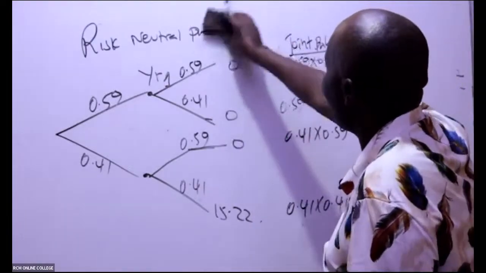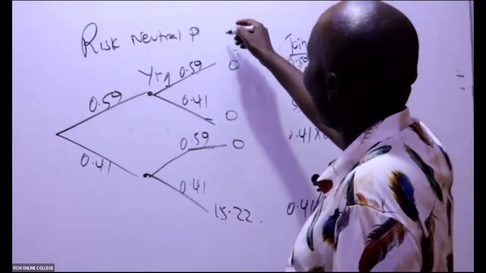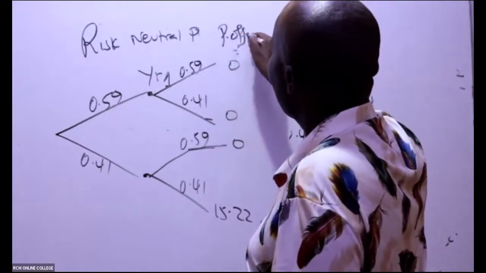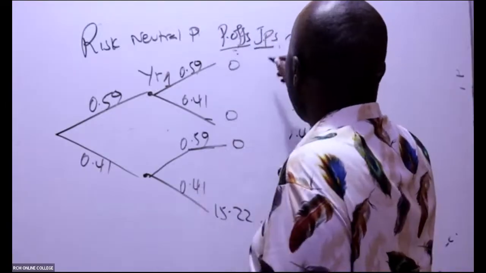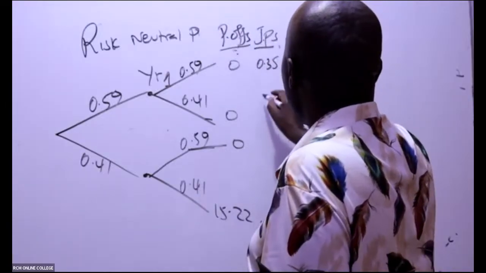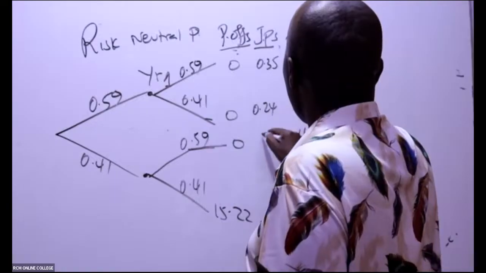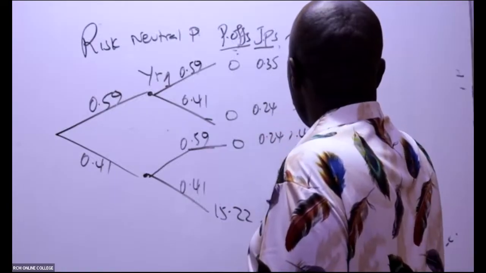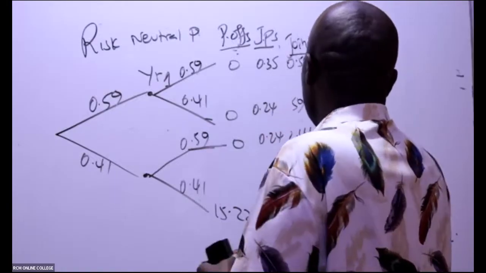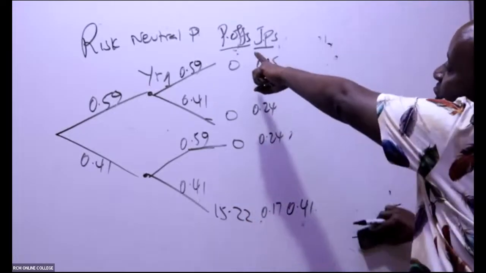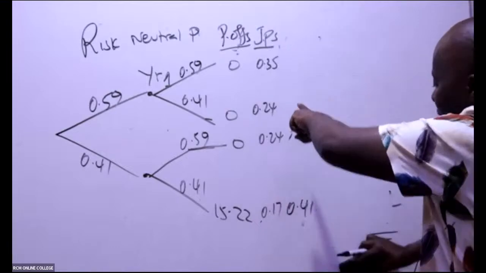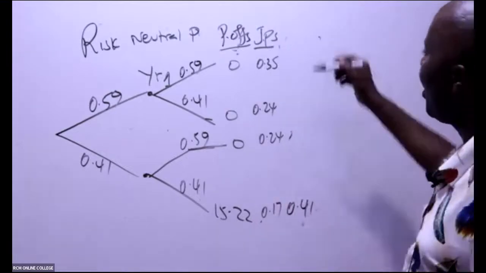You see, these are payoffs, and these are JPs, joint probabilities. I'll write them here: 0.35, 0.24, 0.24, 0.17. Just like how you do it in advanced management accounting, you now take the payoffs times the joint probabilities.